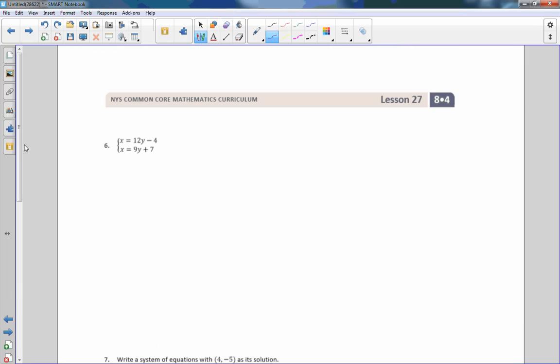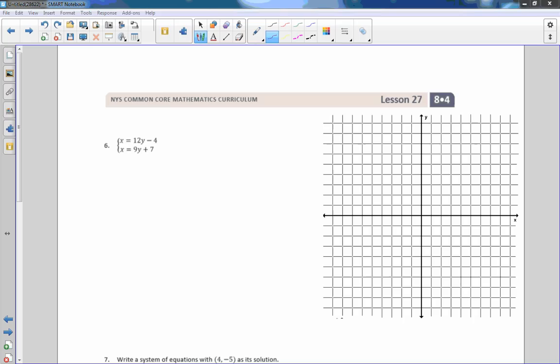Okay, number 6. Okay, in number 6, it says x equals 12y minus 4. So I'm going to get it in slope-intercept form. It's just easier. So if I have x equals 12y minus 4, I want to get y by itself, so I'm going to add 4 to both sides. And I'm going to get x plus 4 equals 12y. Now I'm going to divide by 12.